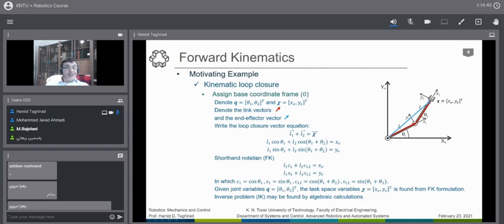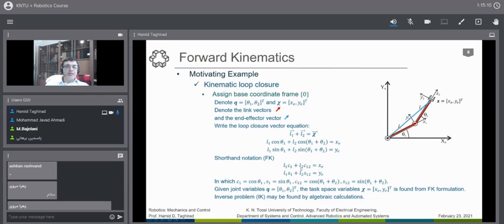We have a shorthand notation, since robotics is the science of notations, to make it more comprehensive and shorthand. Instead of writing cosine of theta 1, we call it C1 or C theta 1. In the books, there are both of them. C theta 1 is more informative, it's just that this is the theta angle.